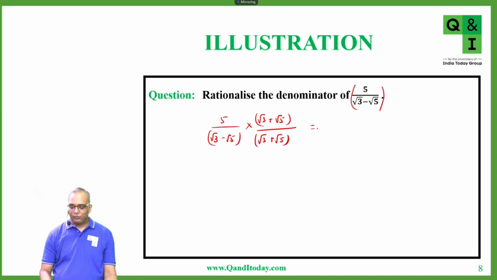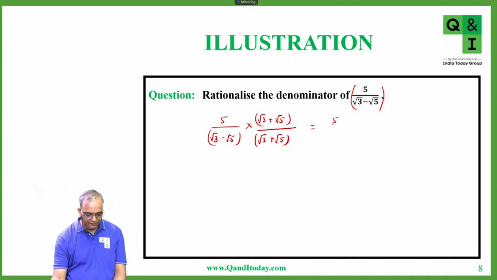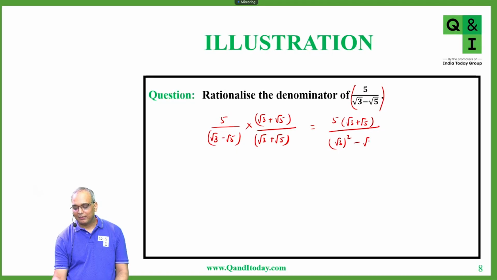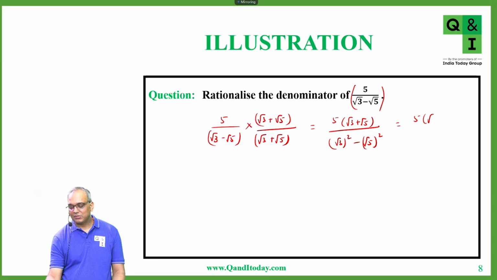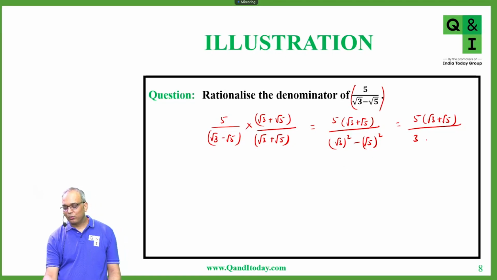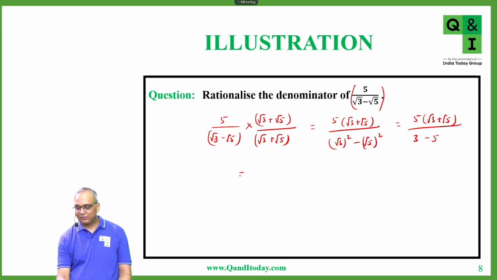Okay. So once we multiply this, we have 5 times root 3 plus root 5 divided by root 3 square minus root 5 square. So this is 5 times root 3 plus root 5 divided by root 3 square is 3 and root 5 square is 5. So this is 3 minus 5.